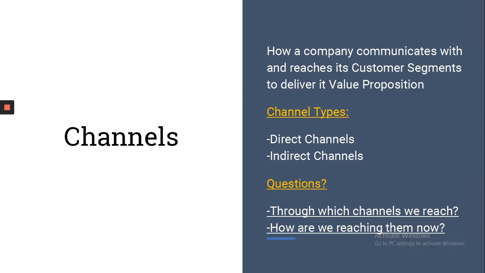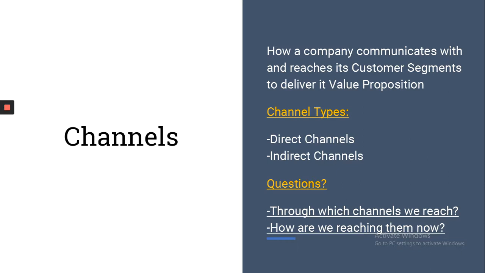Channels could be of two different types, the direct channels and the indirect channels. By direct channels, we mean you set up your own office, you call them directly, while indirect channels mean you use someone else's premises to sell your products. For example, you can have your own website and your brand name, or you can put your products on Amazon or Daraz.pk or any other e-commerce platforms which support small businesses.